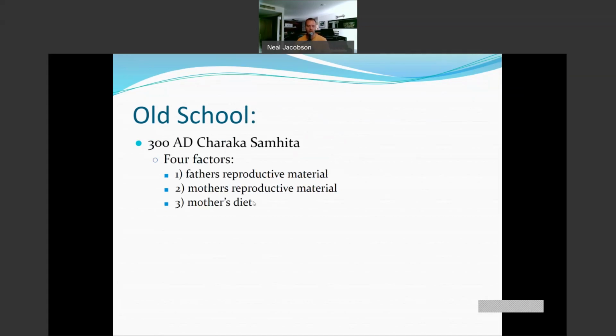This is interesting because it's mostly an Eastern idea that diet will affect the development of an embryo. It's more recently come to light that a mother's diet plays a huge role in development.